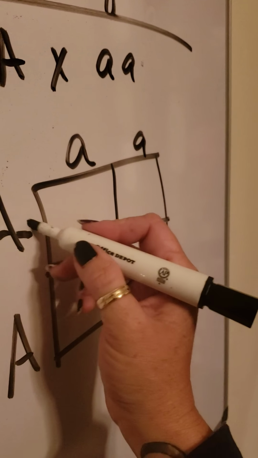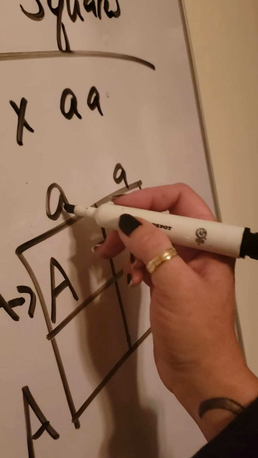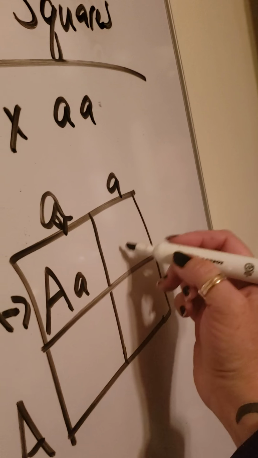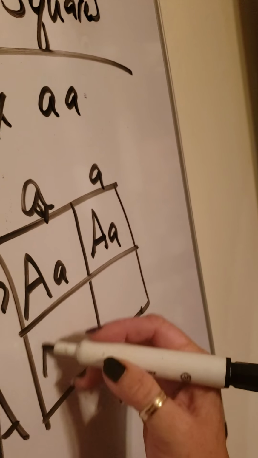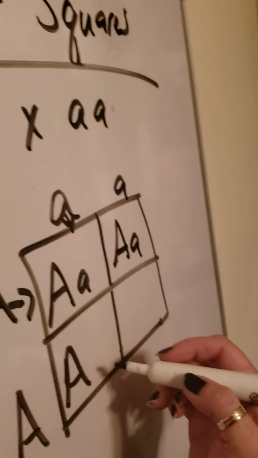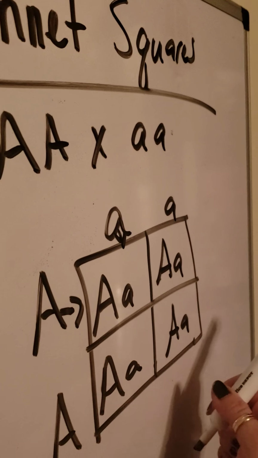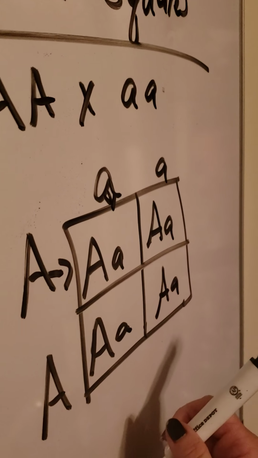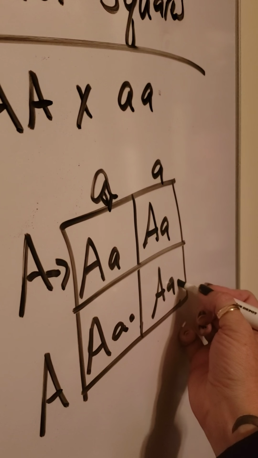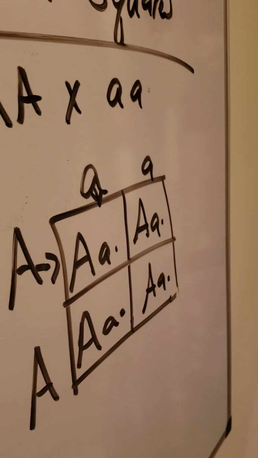So we bring this little a over here, we bring this one down, and so forth. So if you cross two purebreds, which is homozygous dominant to homozygous recessive, you will always yield 4 hybrids. Okay, so your possible offspring are these 4 inside here, and they are all hybrids.